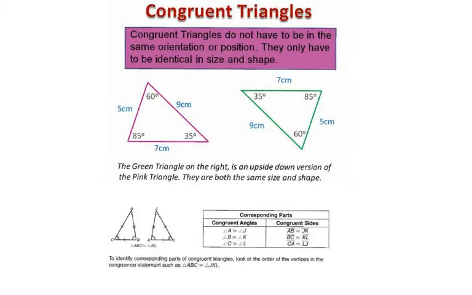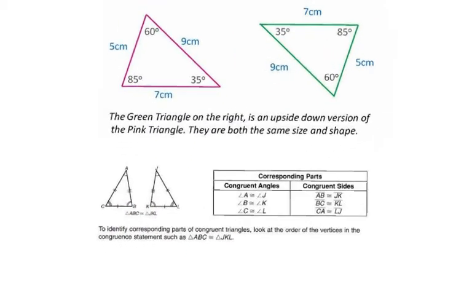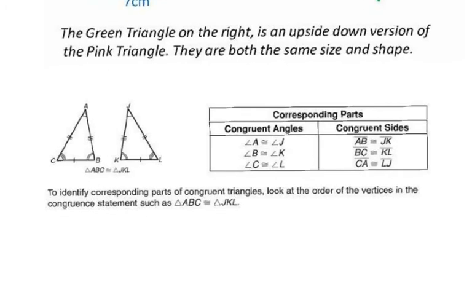Once we know they're congruent, we can write what's called a congruent statement. Here is an example. It says triangle ABC is congruent to triangle JKL. The equal sign with a little tilde on top is the symbol we use that means congruence.